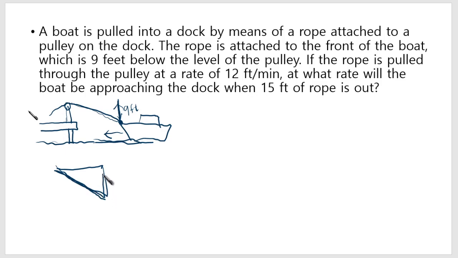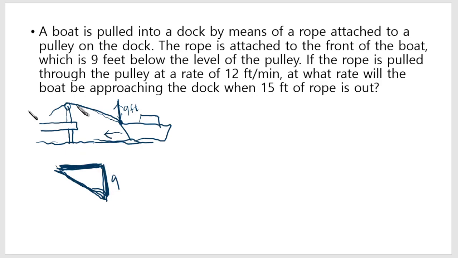And my simplified picture is just this, because really the relevant parties in this picture is that this is always 9. This rope is being pulled, so that's shrinking. And to figure out how fast this boat is approaching the dock, you need to measure it by figuring out how fast this side is shrinking, right?